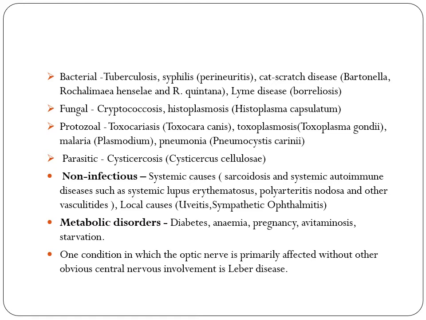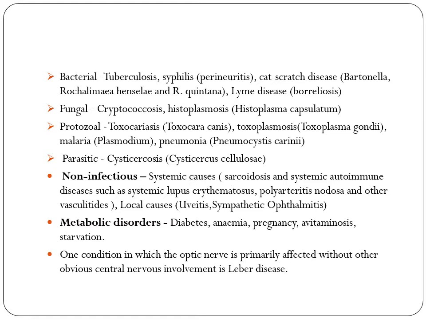Now there are some non-infectious diseases which also cause optic neuritis. In the systemic group: sarcoidosis, systemic autoimmune diseases like SLE, polyarteritis nodosa, and other vasculitides. Local non-infectious diseases, uveitis and sympathetic ophthalmitis, may cause optic papillitis.